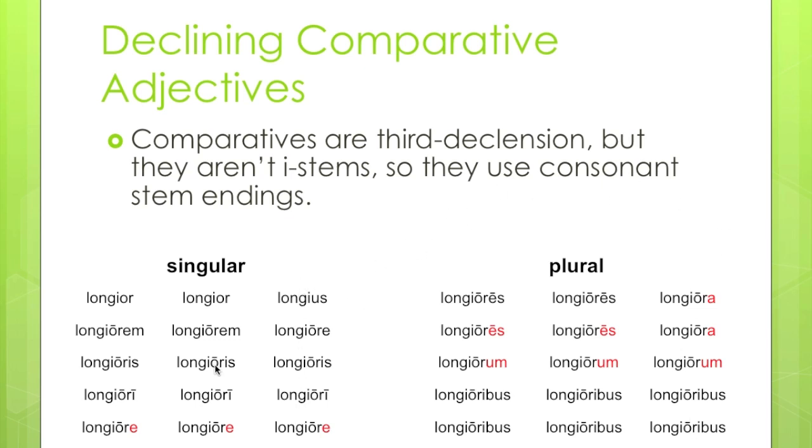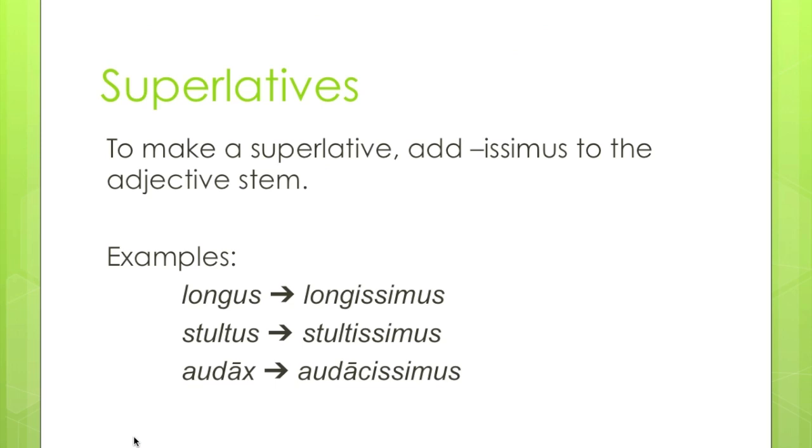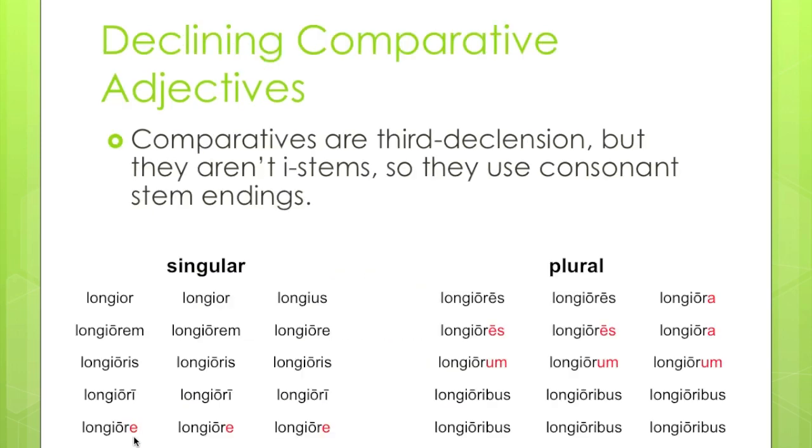But what you should note is that the ablative endings here in the singular are all consonant stem endings. They're not long i like omnis. They are instead short e. And the masculine and feminine plural accusative is long -es, not long -is, which is the i-stem ending.